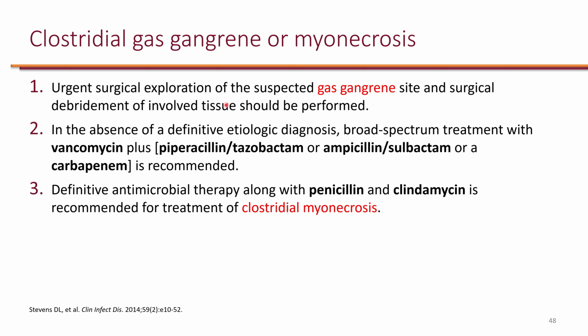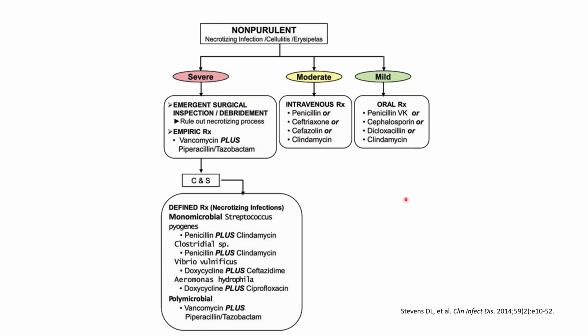The recommendation is urgent surgical exploration when gas gangrene is suspected. We do want broad spectrum empiric treatment, so we don't mess around. So vancomycin plus something that has anaerobic coverage, so piptazo or ampicillin-sulbactam or a carbapenem are recommended. And definitive treatment, once it's confirmed that it's clostridial myonecrosis, is penicillin plus clindamycin.